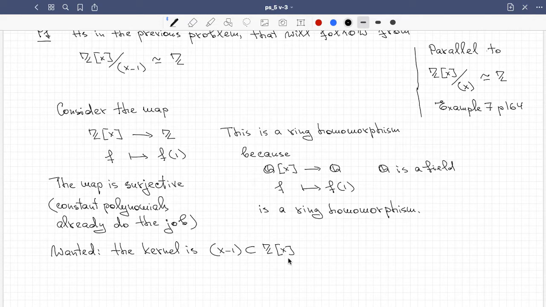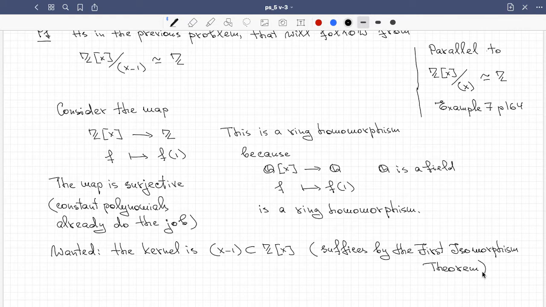So that would suffice by the first isomorphism theorem. Let us look at the kernel. So that is all we want, that the kernel is the principal ideal generated by x minus 1.